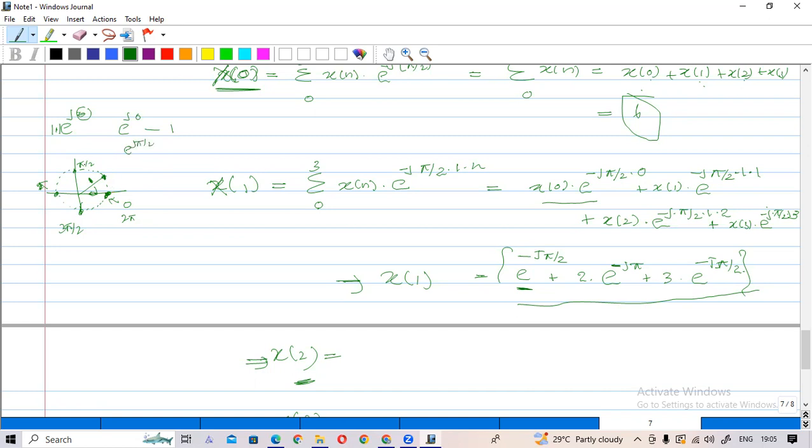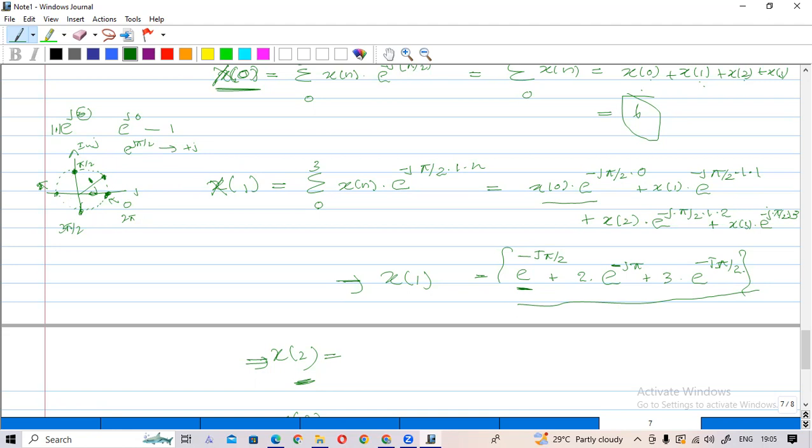For e^(jπ/2), this is the imaginary axis and this is the real axis. This is the j axis. If it is e^(jπ/2), you are here, so that value is plus j.